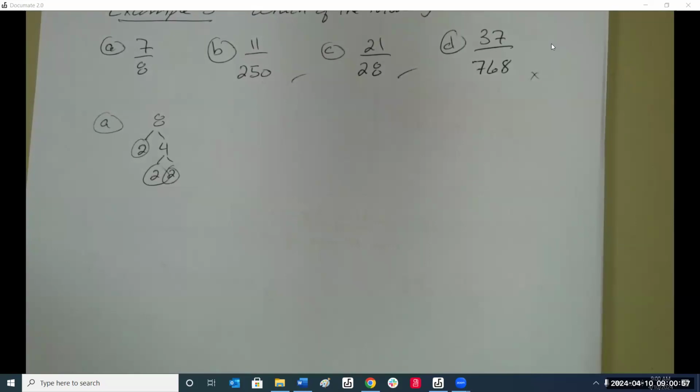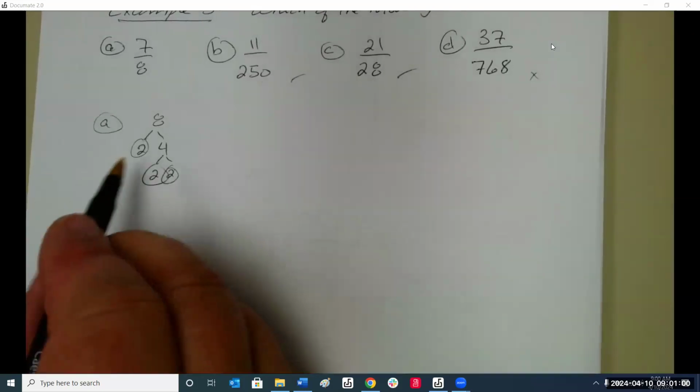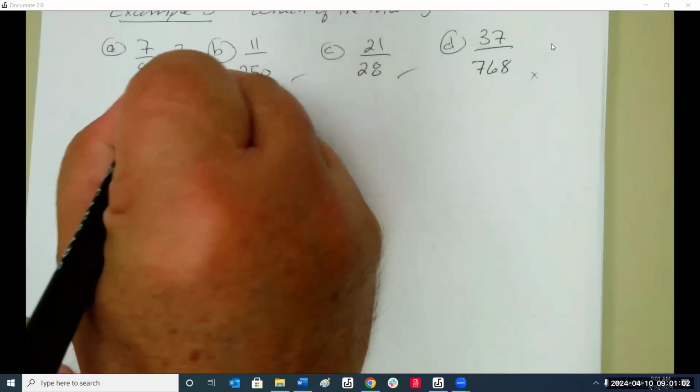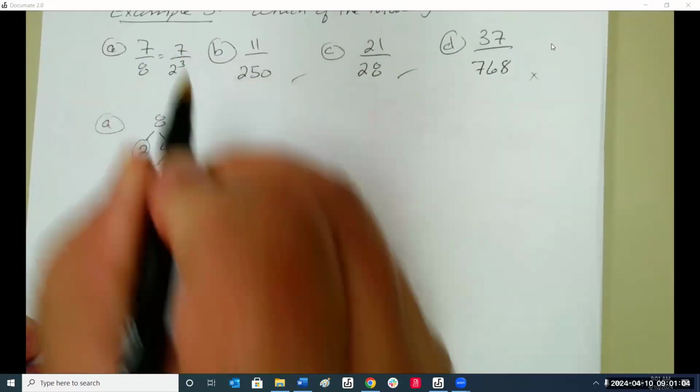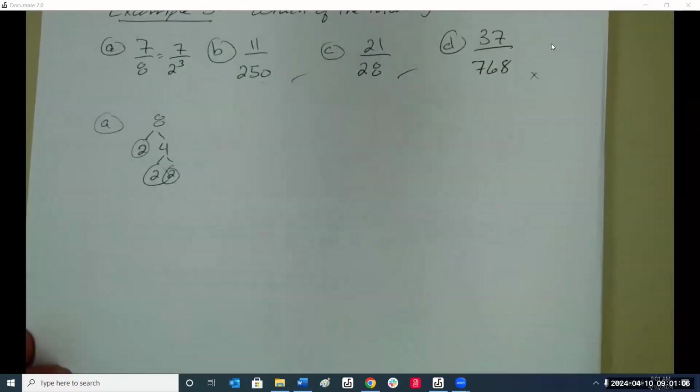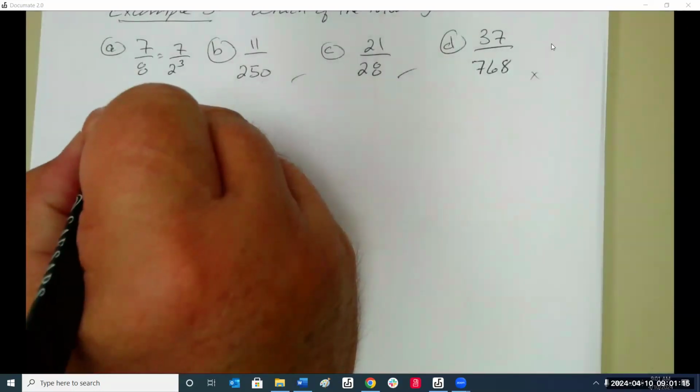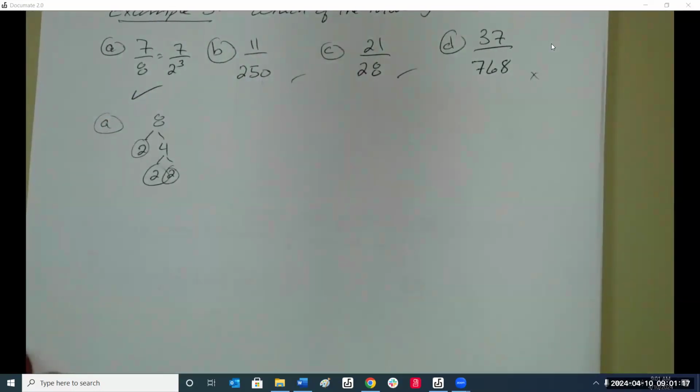So is this one a terminating decimal? Yes, because the bottom is all 2s. The only numbers you can have in the factored form are 2s and 5s. So yes, the first one is a terminating decimal.